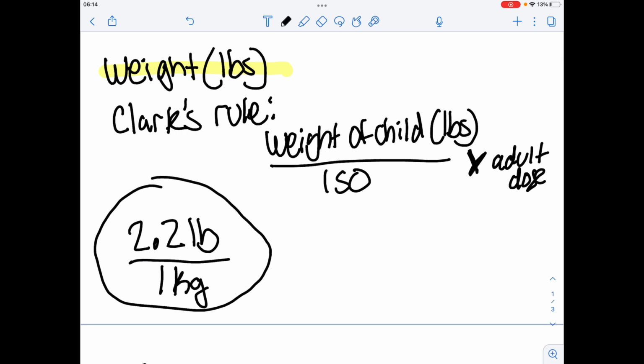Now, if you are given the child's weight in kilograms, you would have to use our given, which is 2.2 pounds for every 1 kilogram. And remember, you would set that equal to whatever you're trying to find. So then you would put the amount, I'm just going to write number, of kilograms that you know that child is.